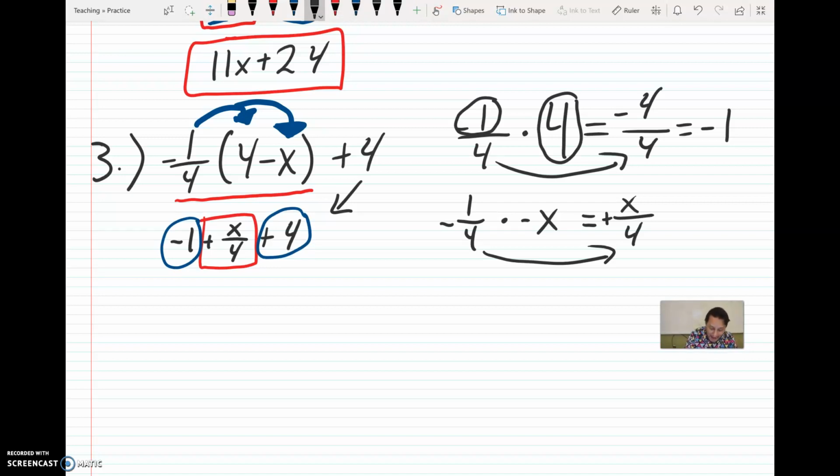Now then, do I have any pair of squares that I can combine? No, right? So I can just do this, x over 4. Now I do have two circles this time, so I'm going to combine like terms. Here I have negative 1 and 4. Another way that we can see this, guys, is that this is 4 minus 1. So 4 minus 1 is just 3.